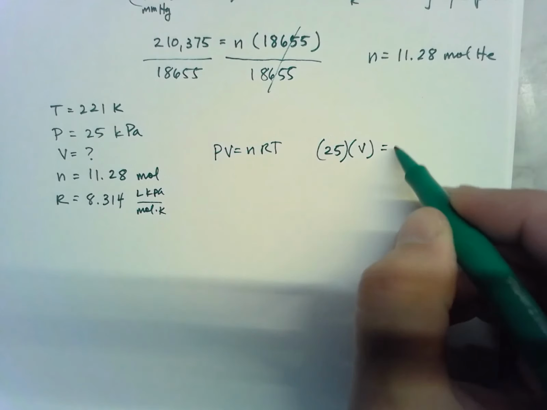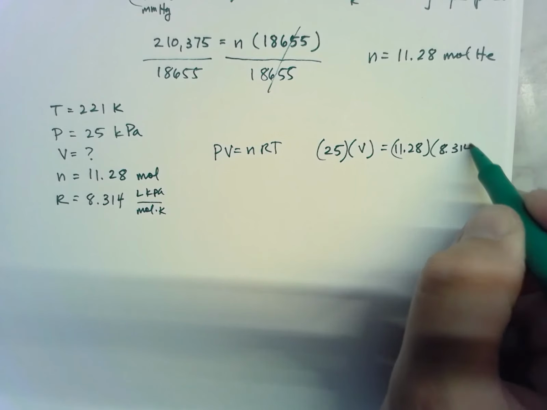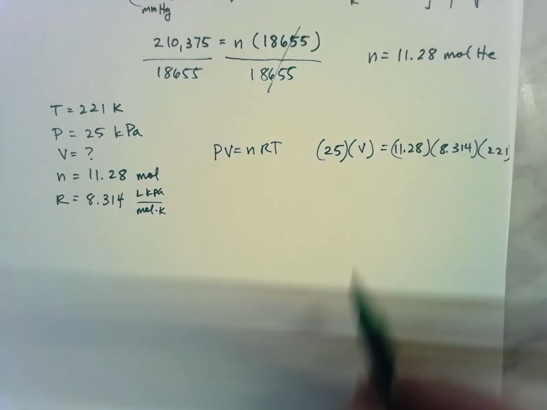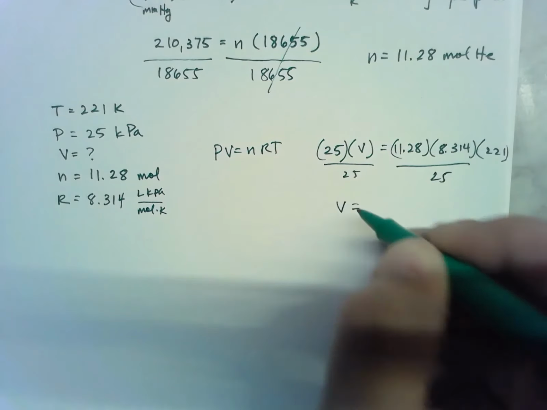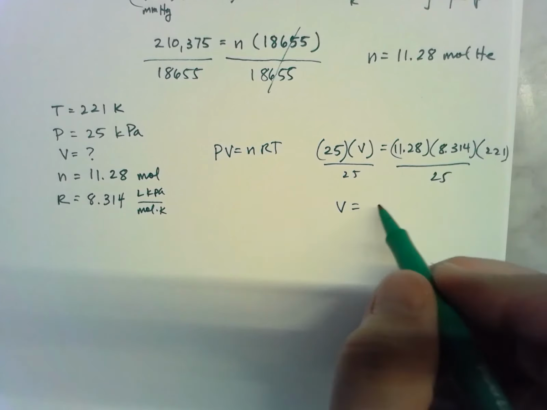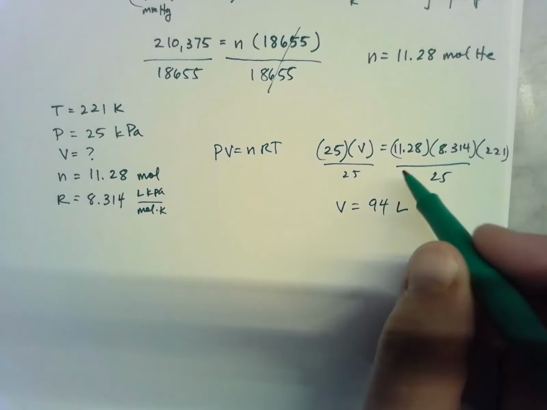V is equal to 11.28 moles times R, 8.314, times 221, and then divide both sides by 25, and we get V is equal to 11.28 times 8.314 times 221 divided by 25, and that is 94. And so we have to look back at our R, and that solves it for liters.